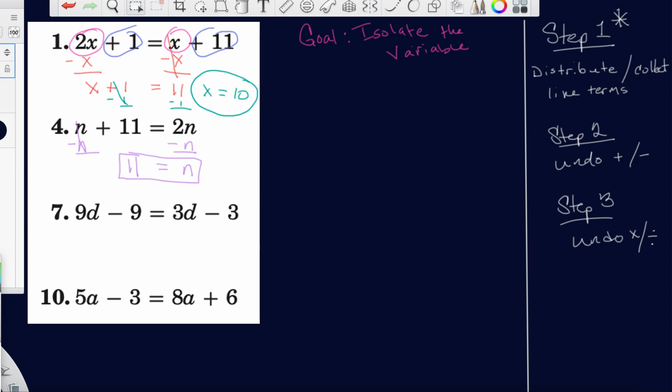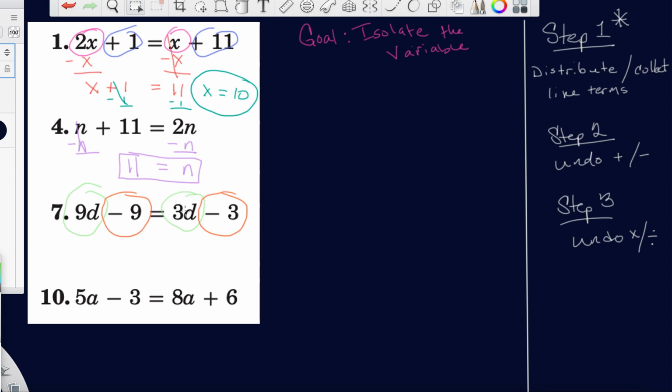Well, this one is different. This one has d's, 9d and 3d. Those are like terms. And then I'm going to use a different color and say this is a negative 9, and this is a negative 3. So I want my oranges over to the right and my greens to the left.